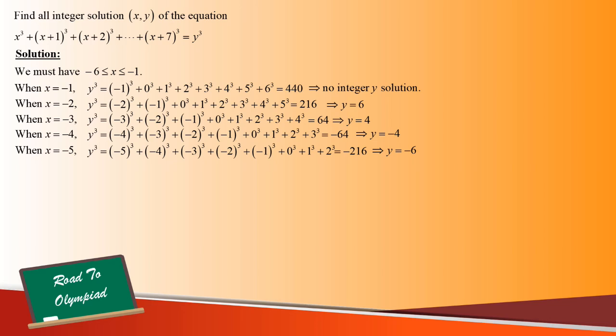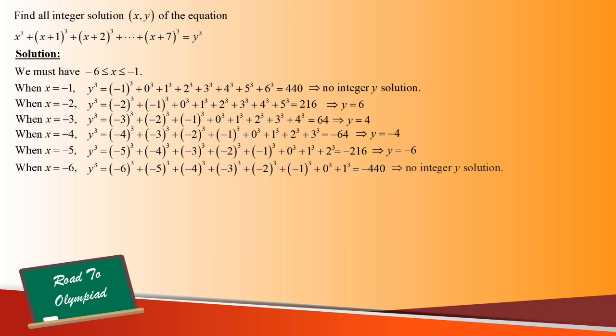Whereas when x is equal to negative 6, we have no integer solutions for y. Therefore, there are only 4 solutions for the equation, which are (-2, 6), (-3, 4), (-4, -4), and (-5, -6). And this marks the end of our solution.